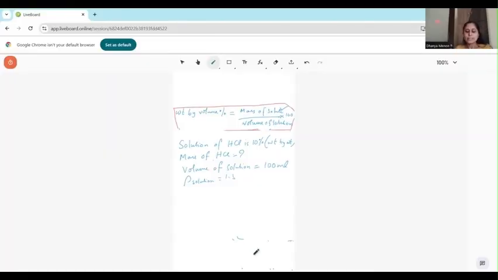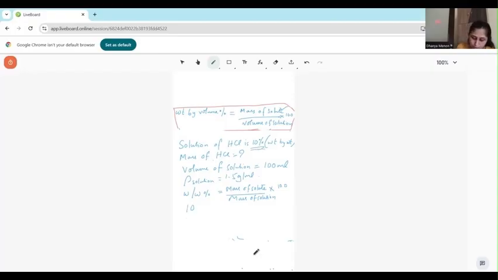Now, weight by weight percentage is given to you. I'm writing it like this: weight by weight percentage is mass of solute by mass of solution times 100. Is the weight by weight percentage given to you? How much is it? Isn't it 10%?